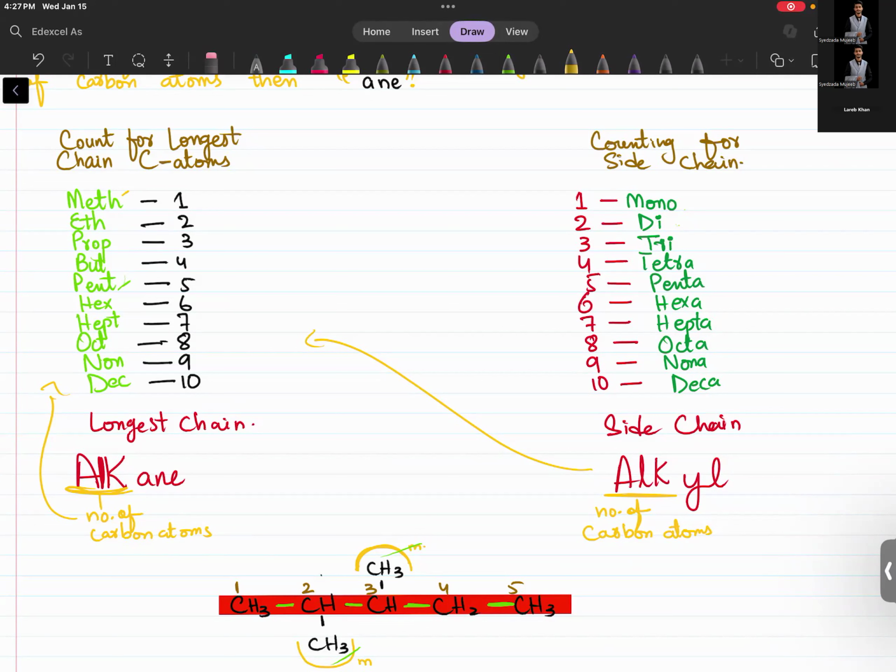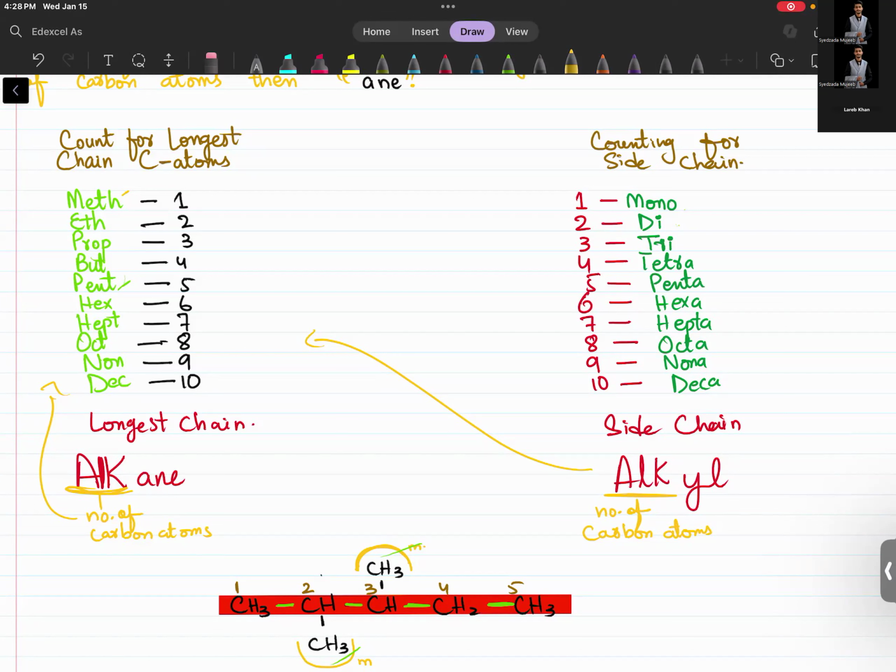The name of the longest chain will consider this counting, and the name of the side chain will also consider this one. And the quantity of the side chain will be mentioned by these countings on your right side: mono, di, tri, tetra, penta, hexa, hepta, octa, nona, deca. So is there any difference? Yes, the first 4 are somehow different.